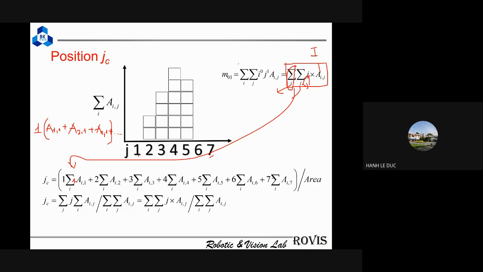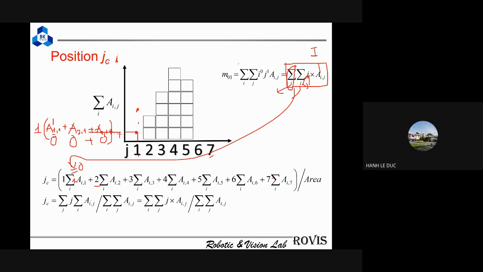So what is A11? One is the I index here, so A11 is this position, which is 0. A21 is also 0, A31 is also 0, so this term becomes 0.